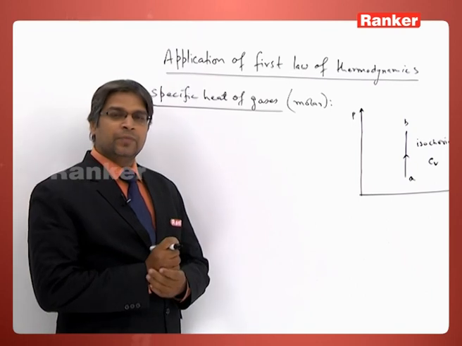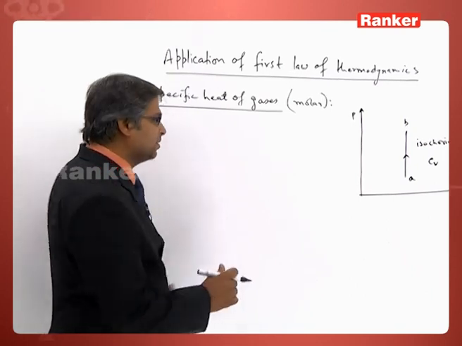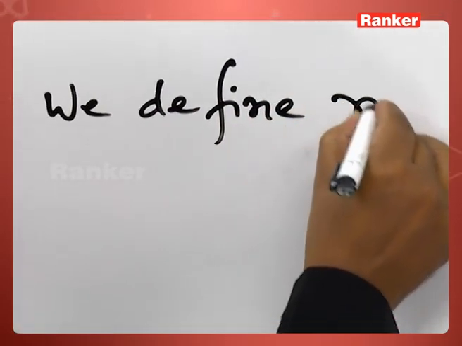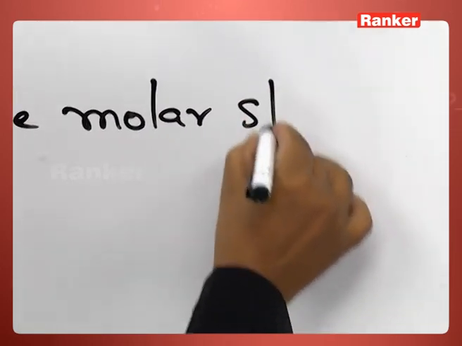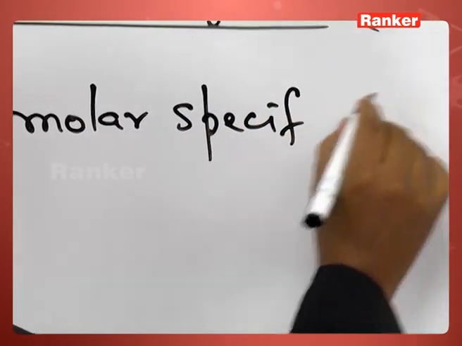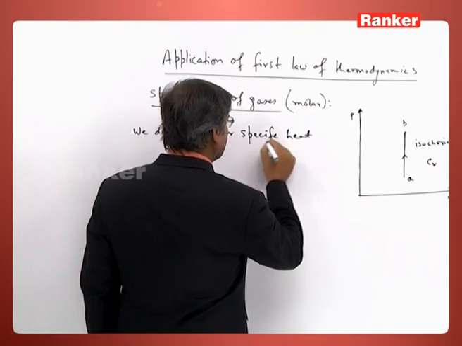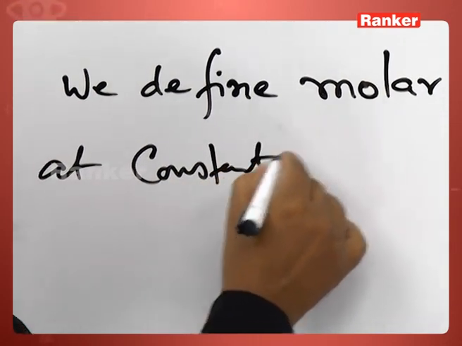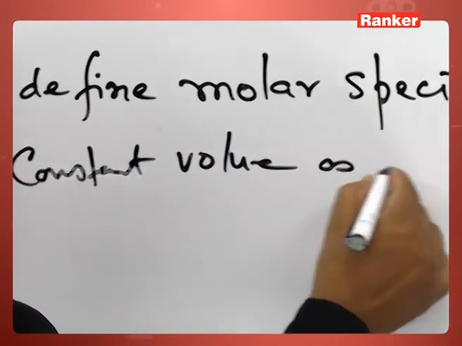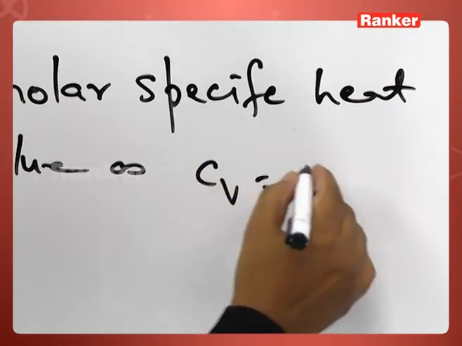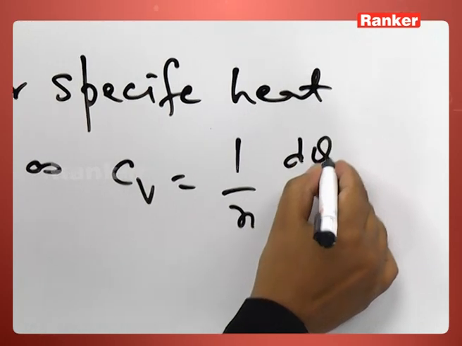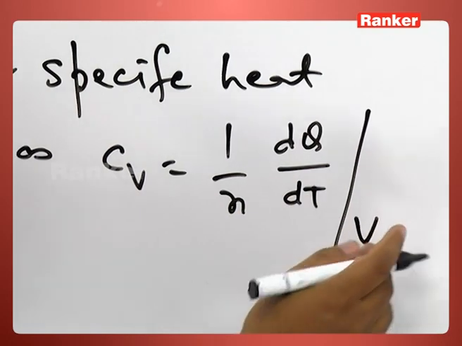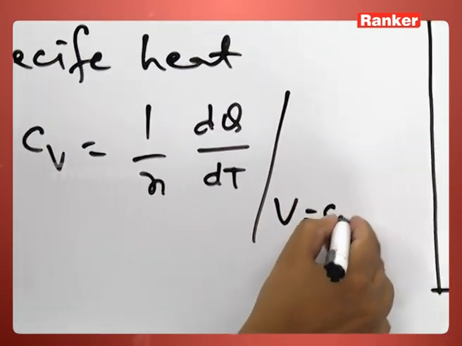Now we define molar specific heat at constant volume as Cv, Cv is equal to 1 by n dQ by dT at constant V. When I say at constant V, that means V is equal to constant.